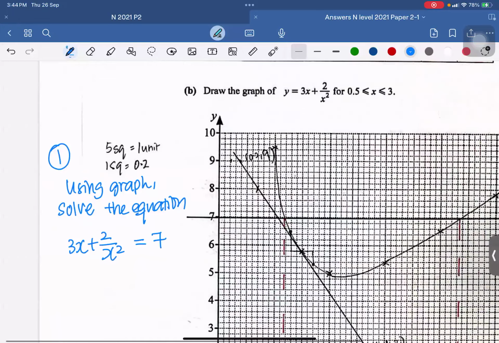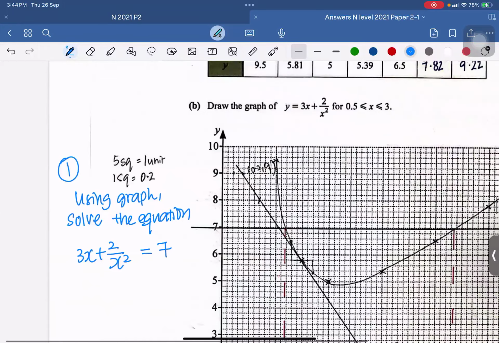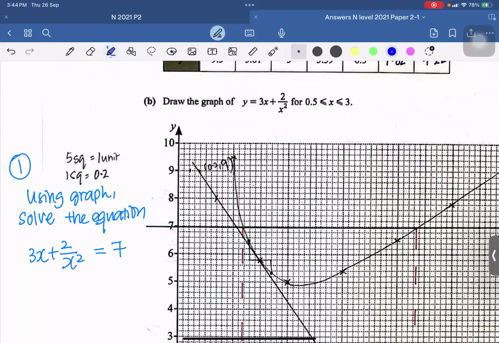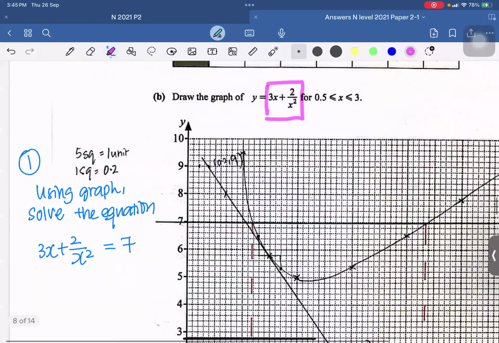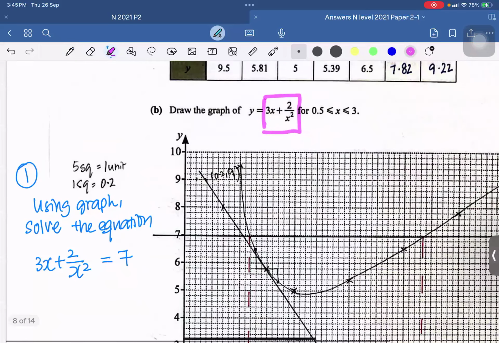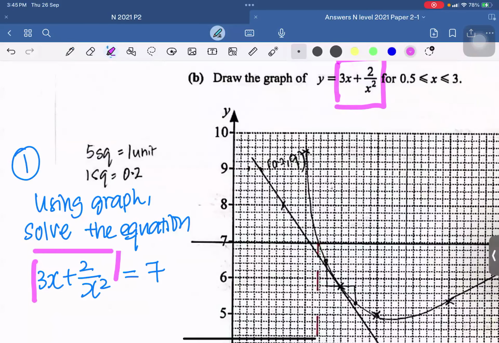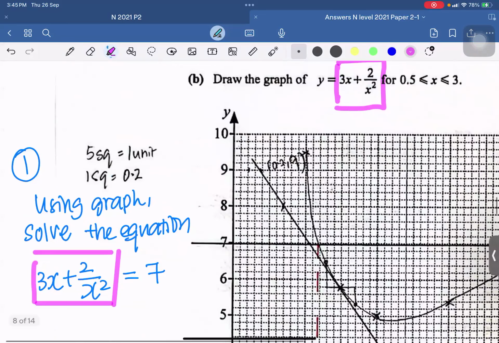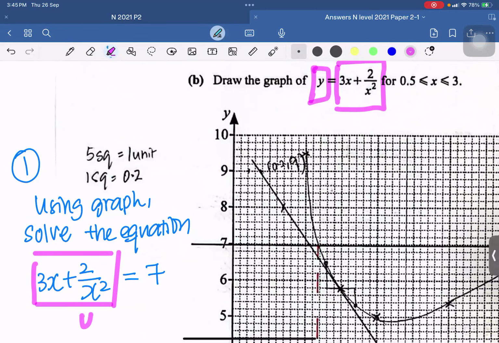Observe this part of the question when you have this. y equals 3x plus 2 over x squared. So this whole portion here, 3x plus 2 over x squared, is actually the letter y.